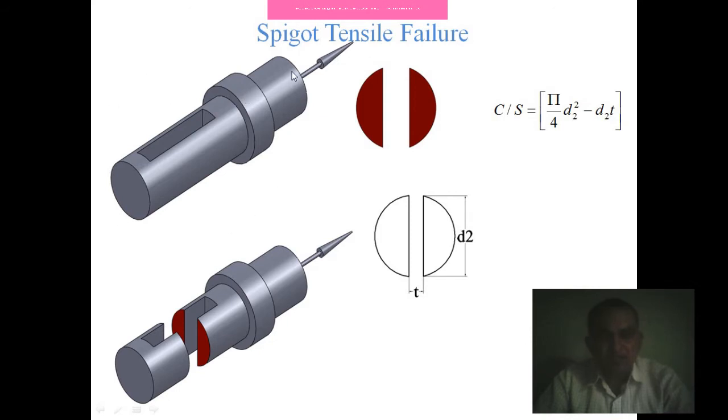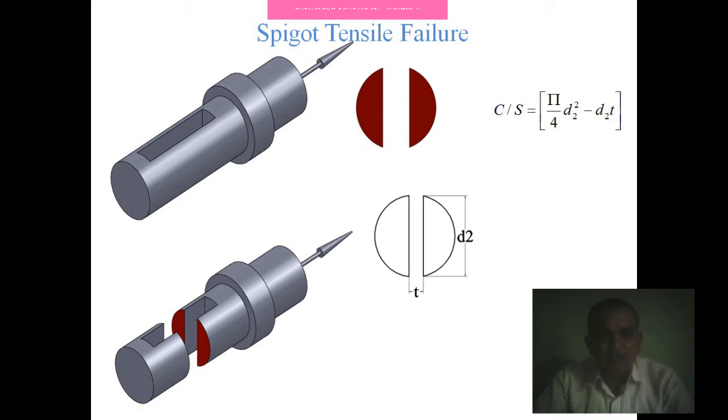Tensile force P acts at this end as well as this end. What happens if a tensile force is present? Obviously, the spigot will fail at the minimum cross section area. The maximum area is the spigot collar, so the collar does not fail.